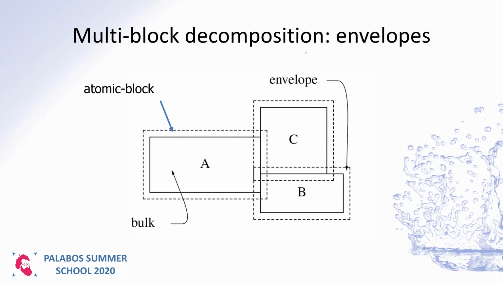But additionally to covering the actual domain of the simulation, we extend each one of these atomic blocks by an additional layer which we call the envelope. And this envelope is just an enlargement of the atomic blocks, which is created for the purpose of communication. This is how, within one multi-block, cells communicate with each other. And this is a mechanism you need to understand, because as you are implementing your data processors, you need to understand when you write the loop over one part, one domain of the full domain, how you access neighboring data.